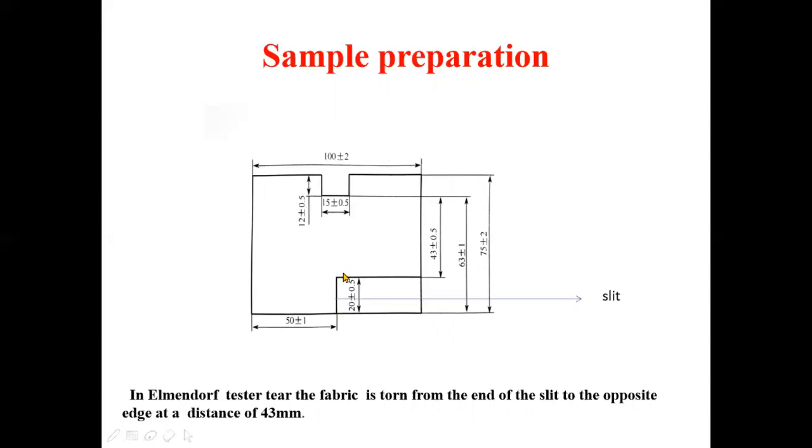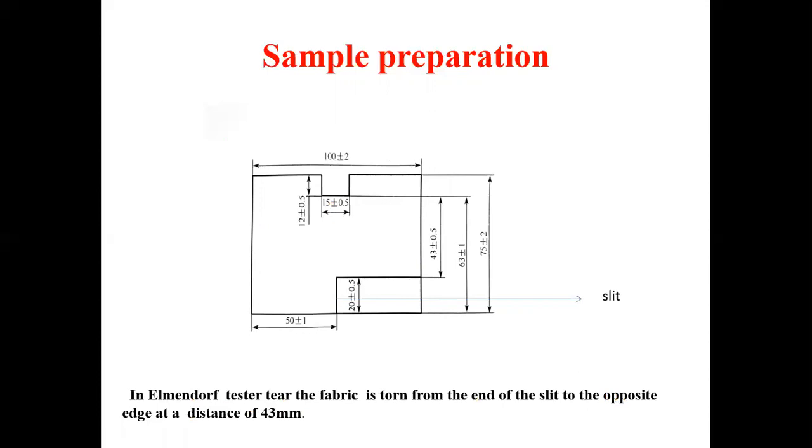So what is the distance? It is 43 millimeter. So you have to tear the fabric through a distance of 43 millimeter, right? See here it is written, in the element of tear tester, the fabric is torn from the end of the slit to the opposite edge, and this distance is 43 millimeter, and this is fixed.